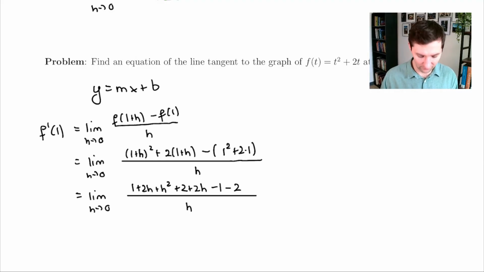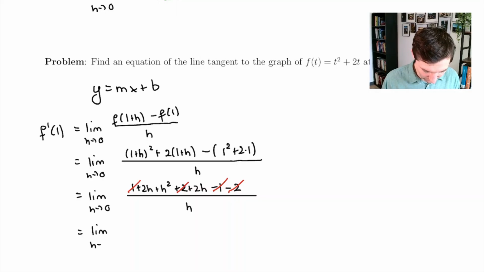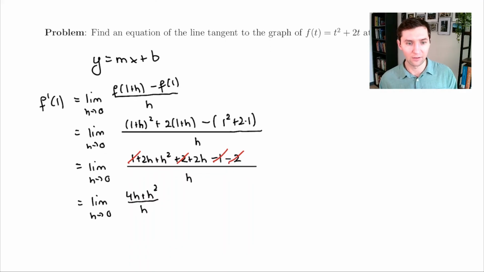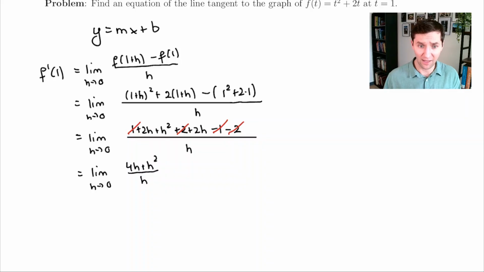A few things cancel. 1 and negative 1 go away. 2 and negative 2 go away. Also, 2h and 2h, when I add them, I get 4h. So I get the limit as h goes to 0 of 4h plus h squared divided by h. In the numerator, both terms have h in them, so I can factor out that h.